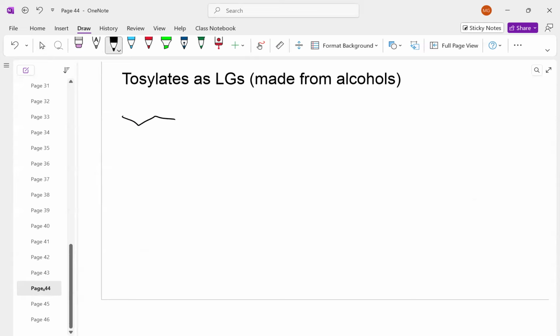So how do we accomplish this? Well, let's start with an alcohol here. I'm going to use a reactant known as para-toluene. We use the letter P to abbreviate para, but p-toluene sulfonyl chloride. And here's the structure.